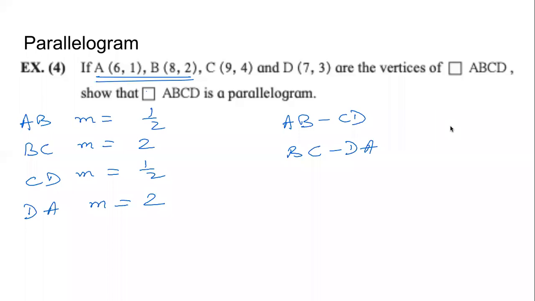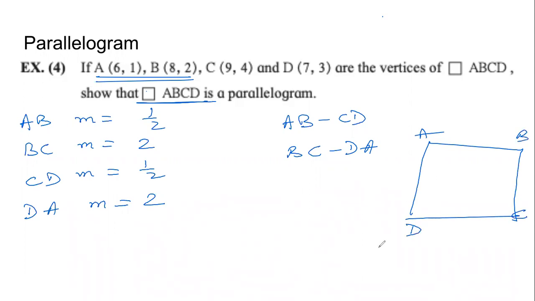Questions. Read the questions carefully. It says, we have to prove that quadrilateral ABCD is a parallelogram. So think about a random quadrilateral A, B, C, D. Now this will be a parallelogram only when AB is parallel to CD and DA is parallel to BC.